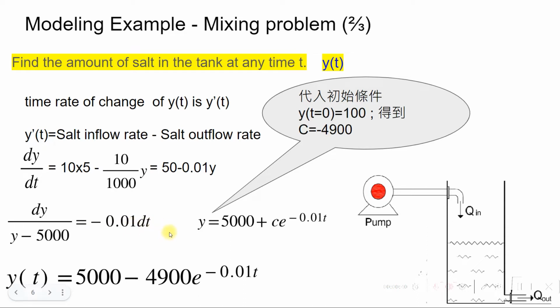So after calculation, which we want to overlook for the moment, we get y equals 5,000 plus c times the exponential constant e to the power of minus 0.01 t. And you can notice that there is an exponential decay function here.